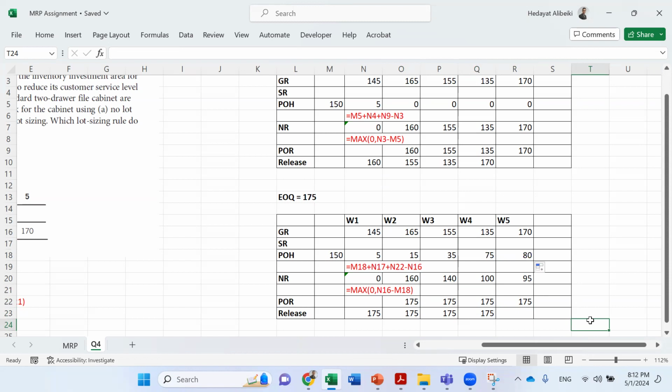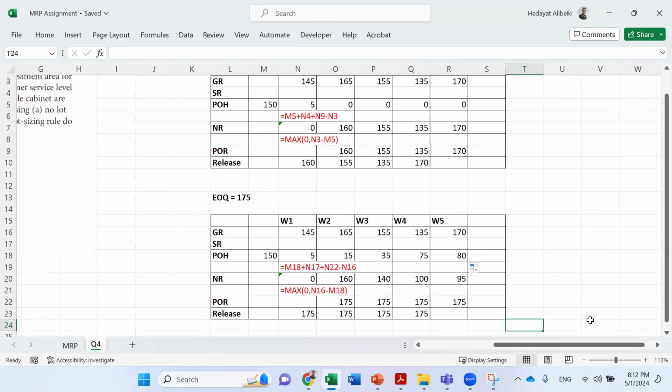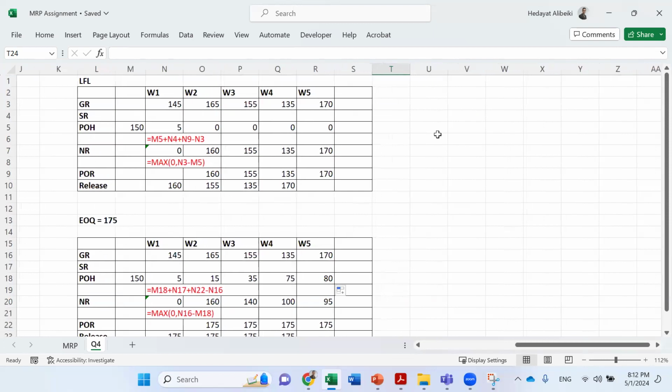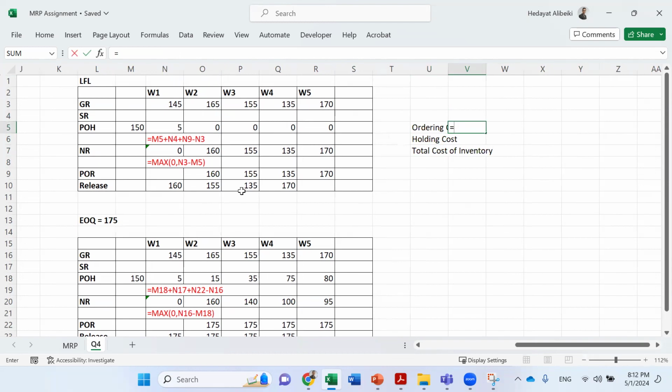One last thing before you go is we need to compare the cost, right? Ordering cost, holding cost, total cost of inventory. The ordering cost is how many times we order using lot for lot.